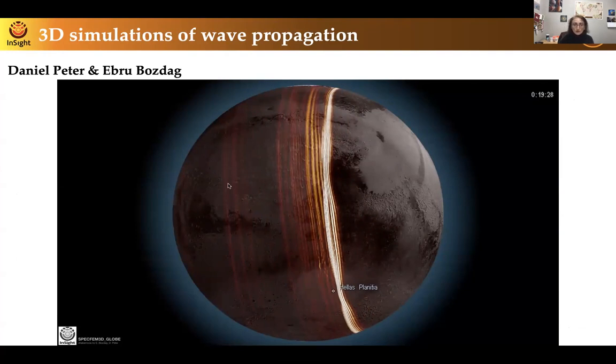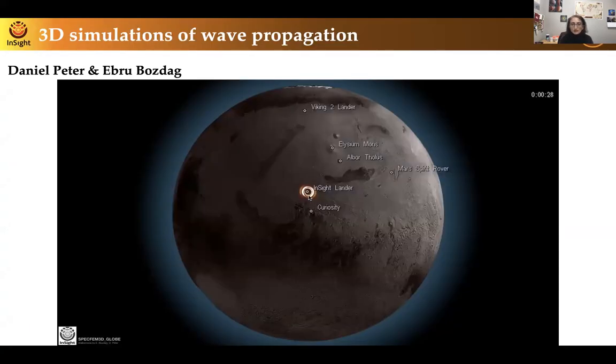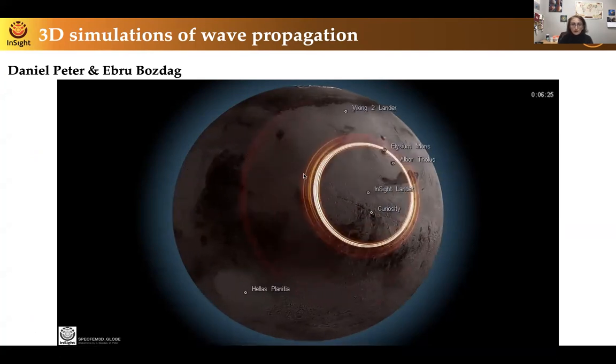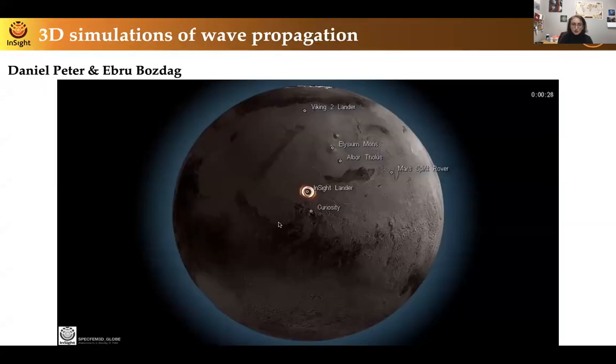Here I basically initiated a source at the location of the lander, and our model is a radially symmetric Sol spawn model, but we just superimposed the crustal thickness variations and added the surface topography. So whatever you see in these simulations, all the variations in the seismic wavefronts are coming from the crust and topography. This is the P wave, followed by S waves, and then finally you see the surface waves.